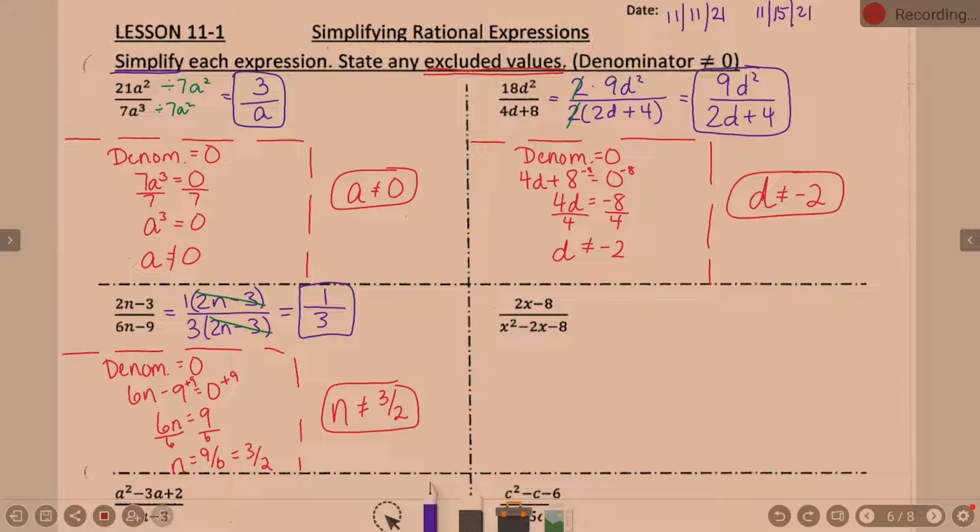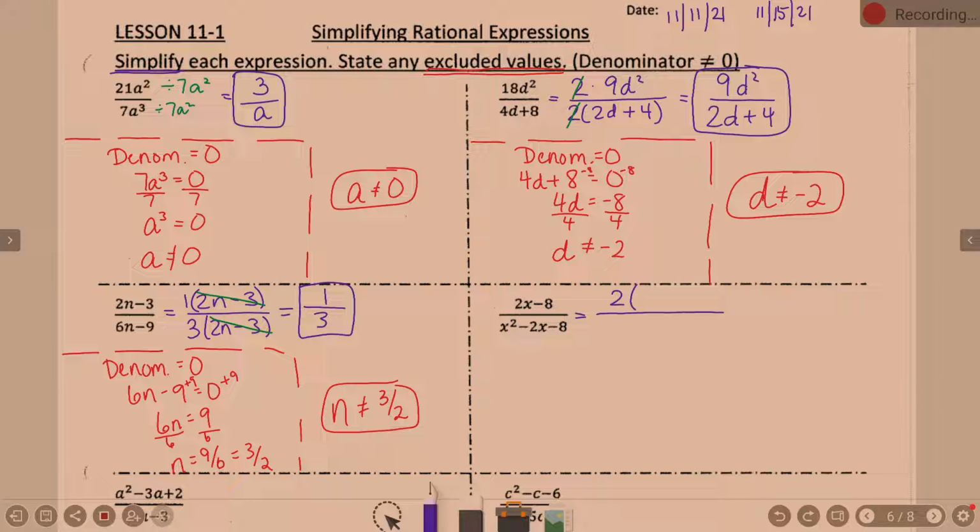So as you look at the numerator here, 2x minus 8, how can I factor 2x minus 8? 2 and 8 can both divide by 2. So we can say that the top has a GCF, which should always be your first question: is there a GCF? So we're going to put a 2 out front.